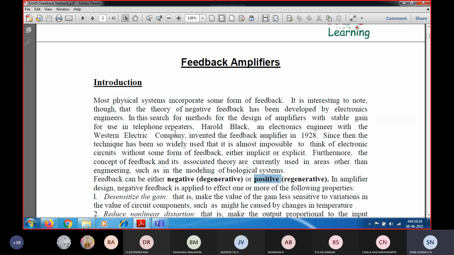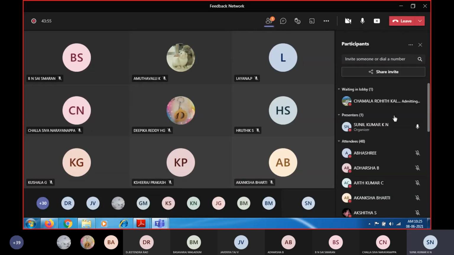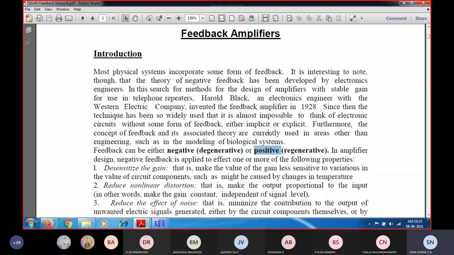Since then, so many electronic circuits have been built with feedback, and there is no other system existing without it. All these existing physical systems depend upon one or another feedback component. So that is about the feedback amplifier.